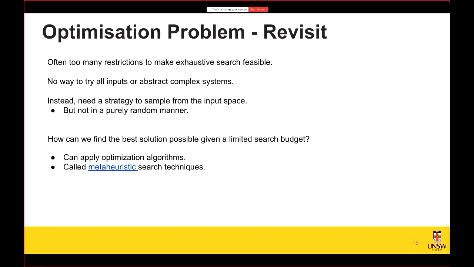But here, the problem is that sometimes it's impractical to do this estimation, and we don't have the domain-specific knowledge to do it. We need to find a more generic algorithm. And this set of algorithms is known as meta-heuristic algorithms.